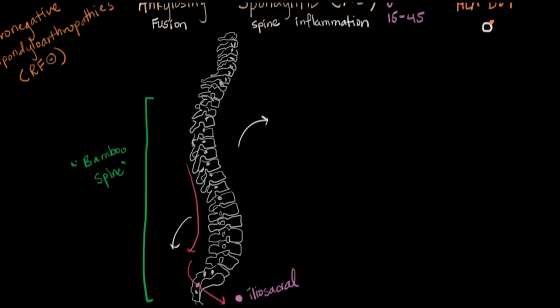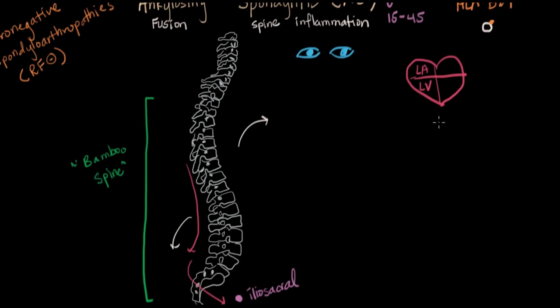And if we want to talk about systemic effects, it has a pattern of affecting two other places. One is eyes, particularly uveitis. And the other one is the aorta. So the aorta is the big pipe, the big hoop. If this is the four chambers of the heart, and if this is the left atrium, the left ventricle.